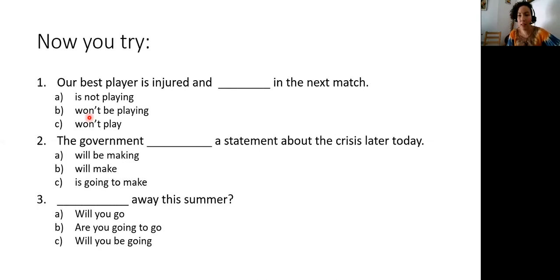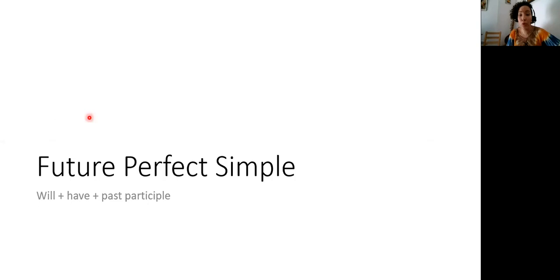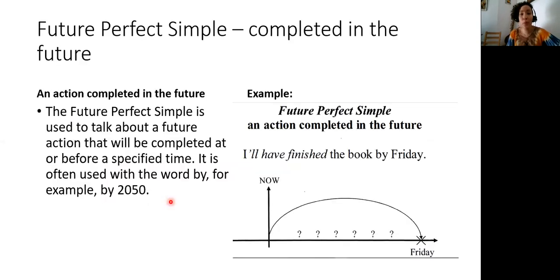Great. Let's continue then with future perfect simple. Okay, here we're going to use will, have, and the past participle. So future perfect simple is used to talk about something that will be completed in the future. It is used to talk about a future action that will be completed at or before a specified time.